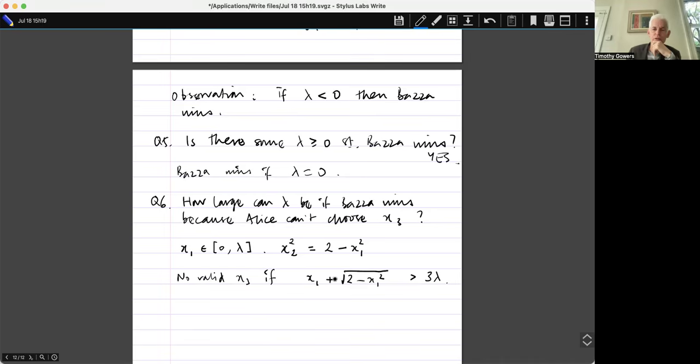I think it'll certainly start out increasing. We wanted to make it as small as possible. So we can get it to be √2 by choosing x1 to be 0. The question is, can we make it smaller than √2?